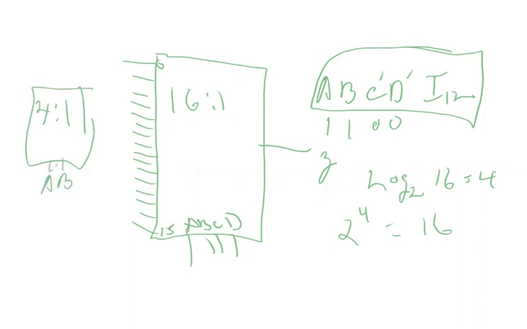But if you were going to do an 8-to-1, you'd need A, B, C, right? Because 2 to the 3 is equal to 8. Then you could choose one of 8 inputs. There's 4, and here's 16.